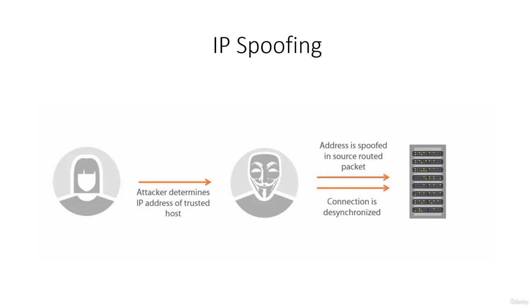Obviously this depends on the environment allowing source routing, as opposed to delegating the routing to routers. By doing that, the attacker is able to fool the server into believing that it's communicating with the victim. Effectively they spoof that address and send the packet to the target machine. Once they do that, they can desynchronize the connection with the victim and resume it themselves.